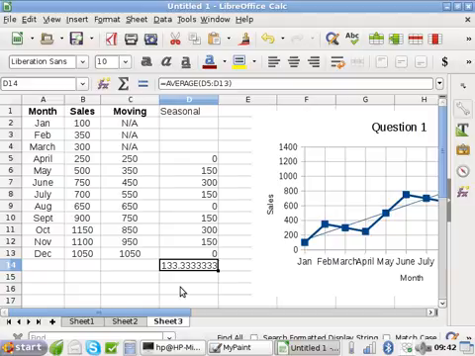So this is called the average seasonal difference. Okay, you got that part written down? Yeah.